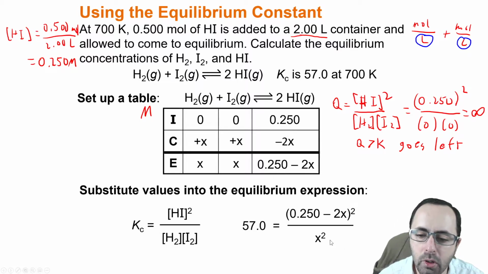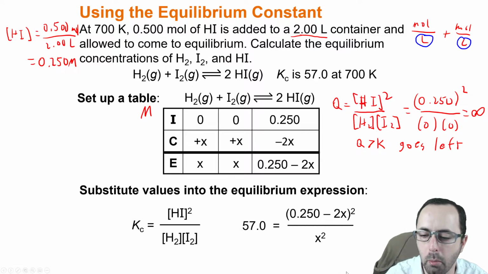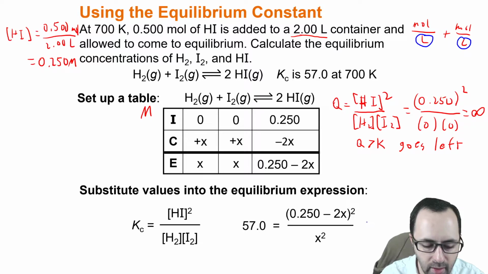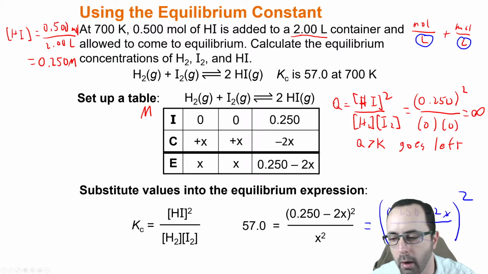And in this particular problem, we have the fortunate situation where we've got something squared over something squared. And you may remember from your algebra rules that this is equivalent to saying we've got (0.250 minus 2x) over x, whole thing squared.